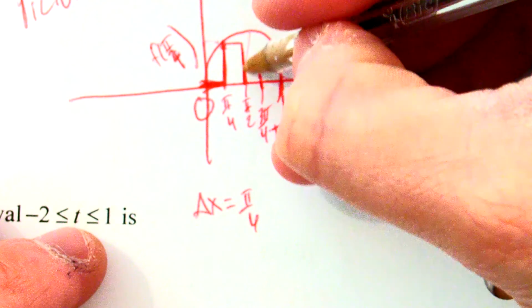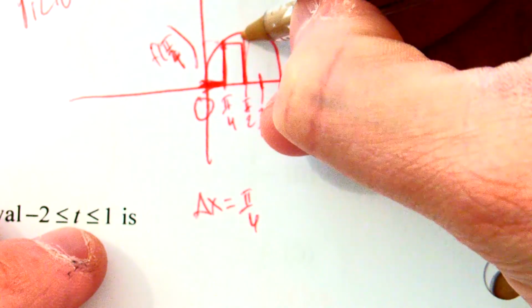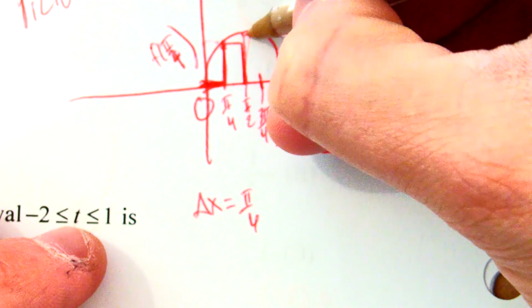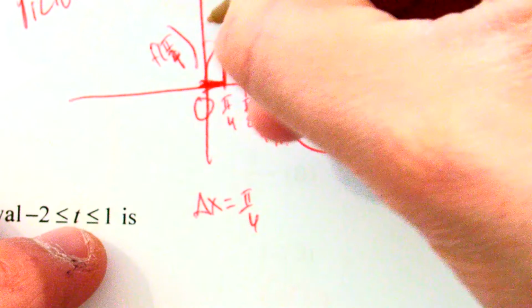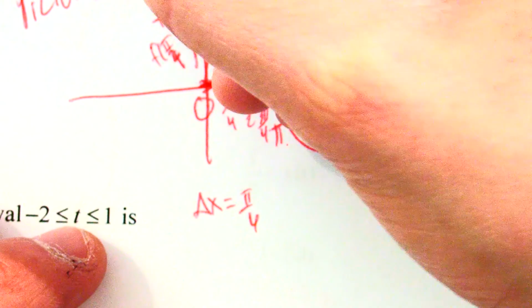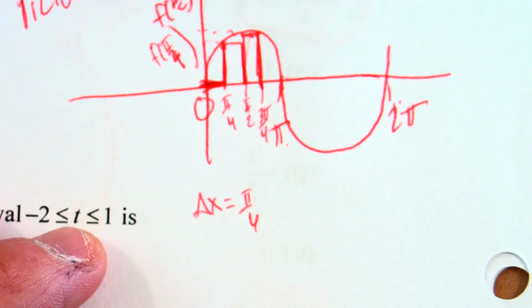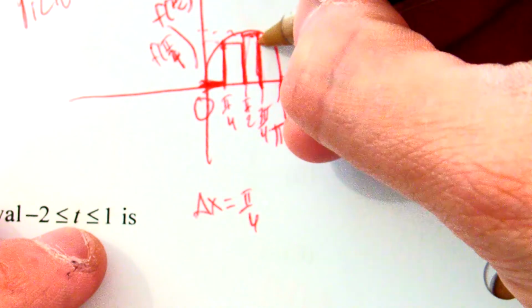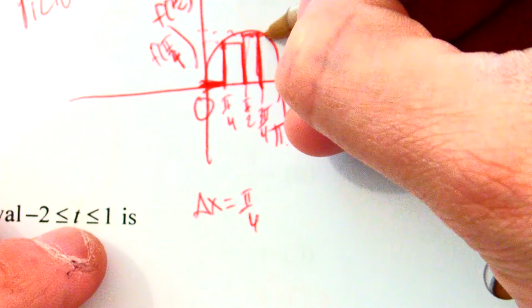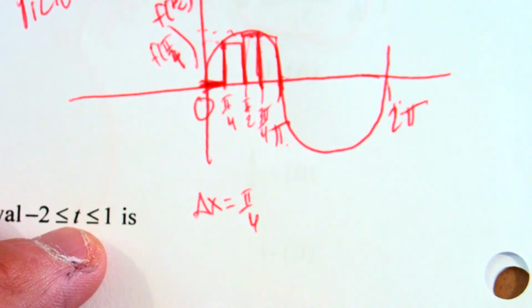The next one is here, and we make a box. I think that's the over approximation here. So this one is f of pi over 2. And lastly is f of 3 pi over 4.